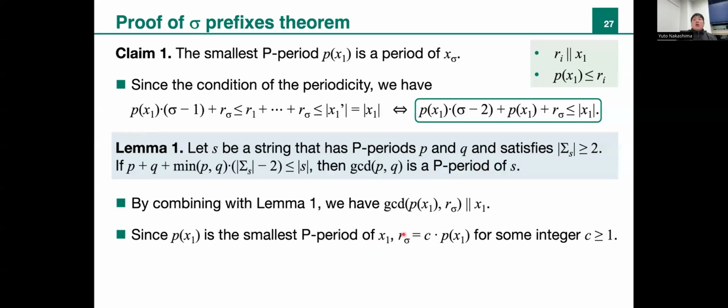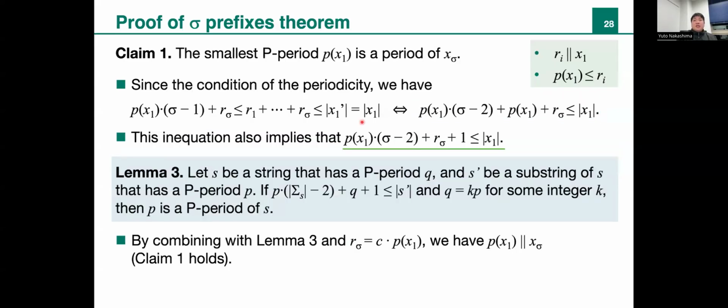Okay, we can also obtain this equation by using the previous analysis. We replace the shortest period P by the constant 1. Thanks to this condition, we can use the third lemma, the parameterized extension lemma, for string x1.